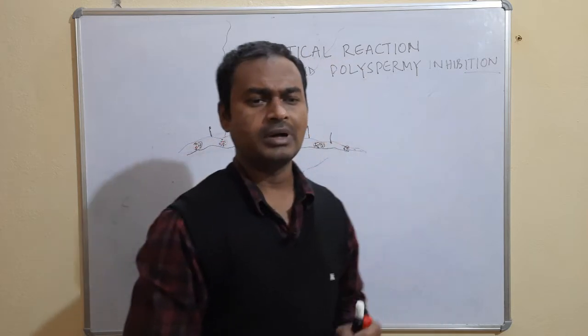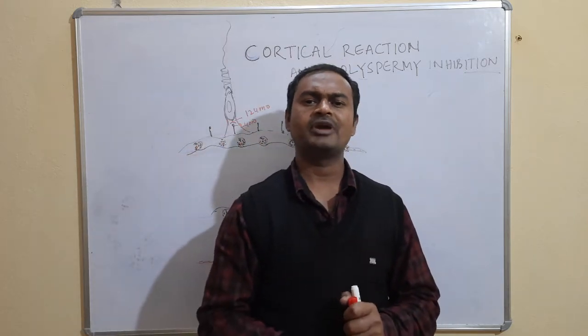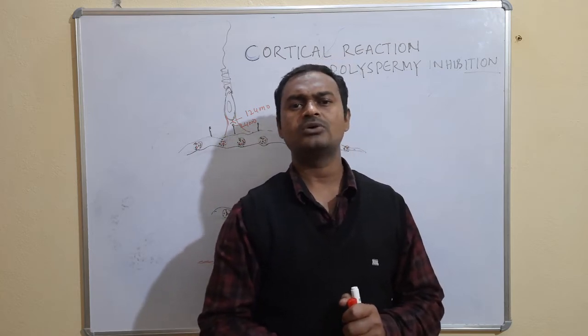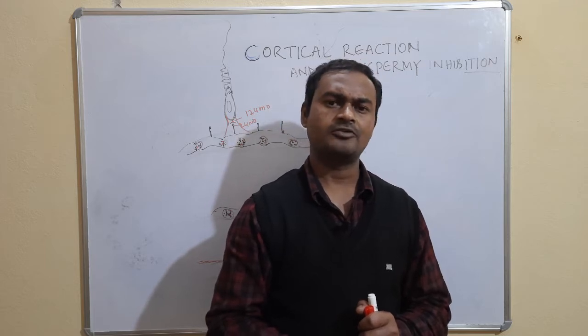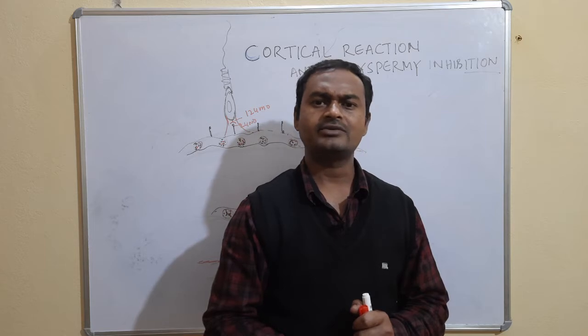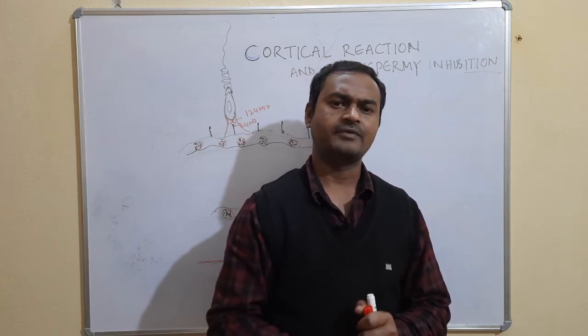Before coming to the figure, let us understand what we have studied till now. In the last class we studied how the sperm passes through the layer of the egg called the zona pellucida and reaches the cell membrane of the egg.